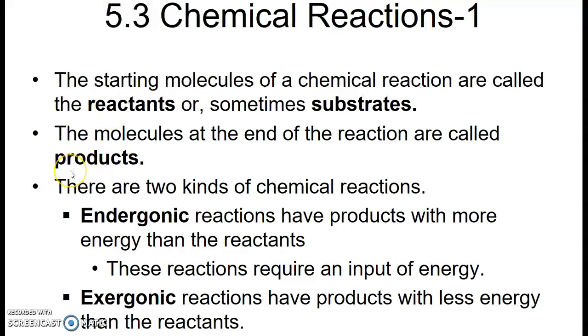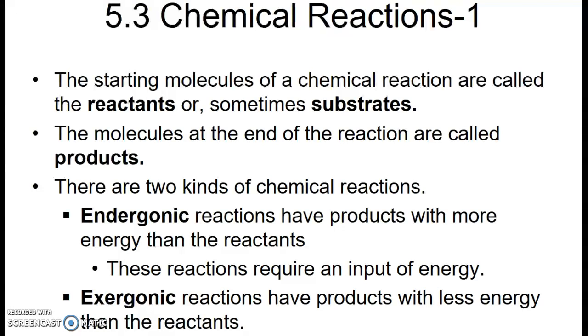And the products are the molecules that are formed through the chemical reaction, or the products that are on the right hand side of the arrow in a chemical reaction. So there are two types of chemical reactions that I'm just going to briefly talk about. Endergonic reactions, which have products that have more energy than the reactants.